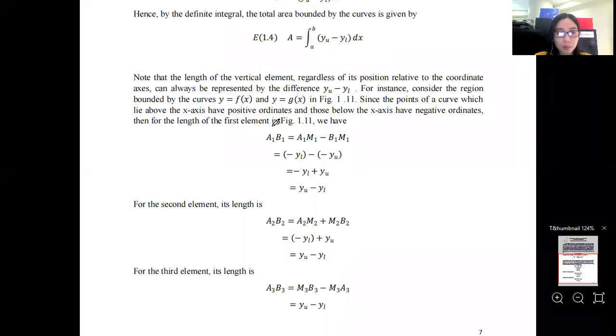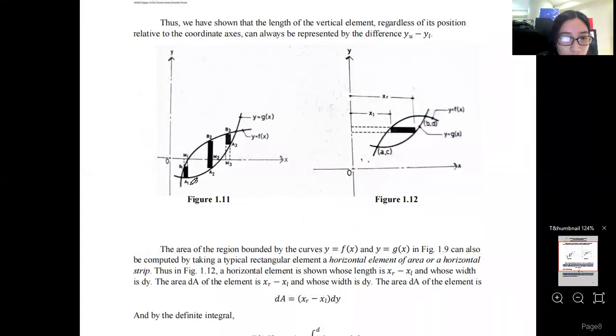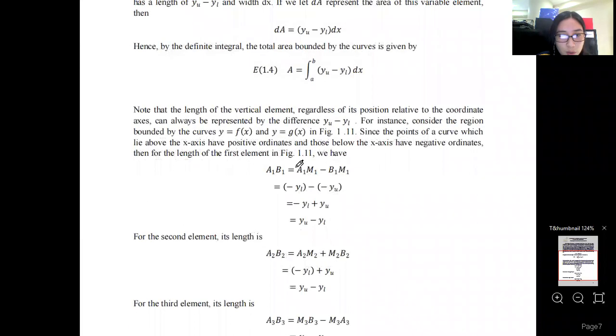So, balikan na ta ni. A sub 1 times B sub 1 is equal to A sub 1 times A sub 1 times M sub 1 minus B sub 1 times M sub 1.